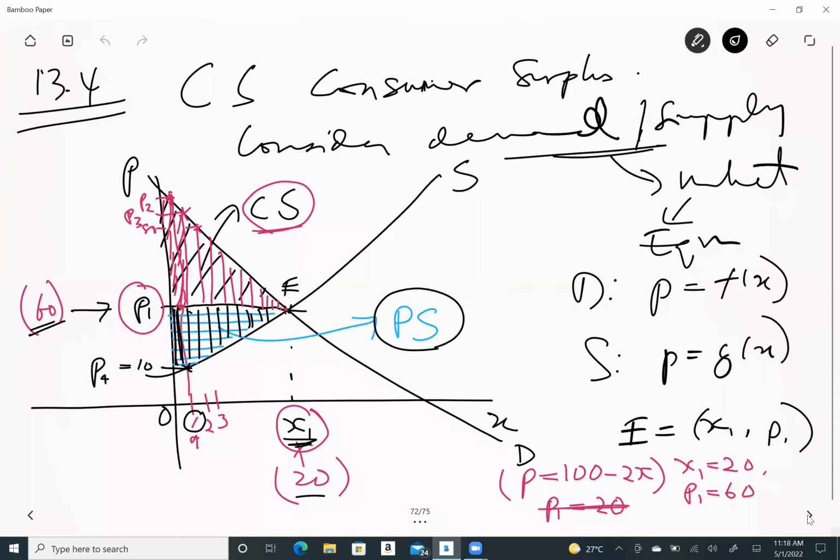What is the supply function? It's a bit difficult, right? Because we have to go backward. So you know the equilibrium, 2060. You know one function, 100 minus 2x. So what is the supply function?